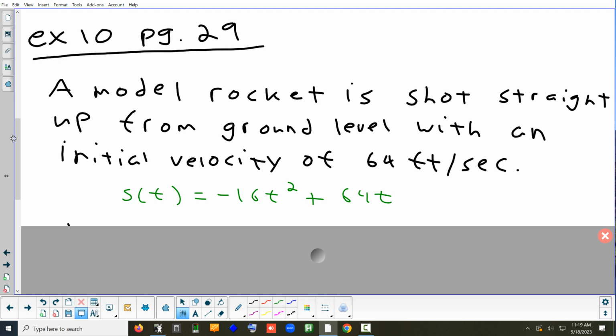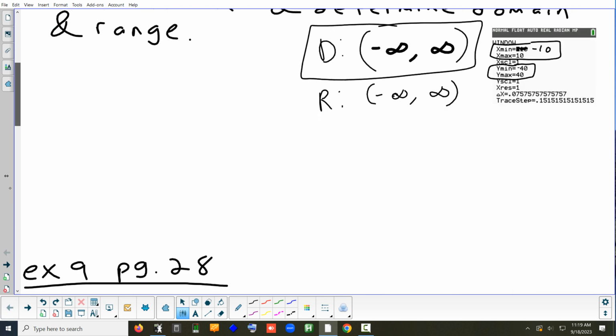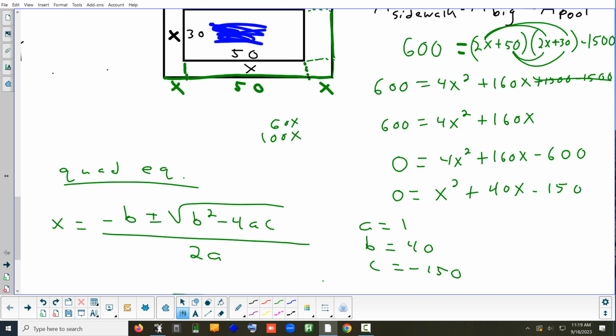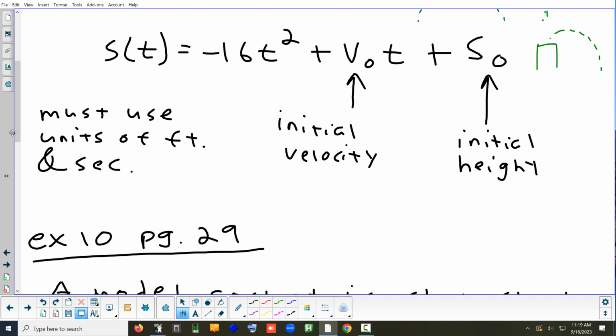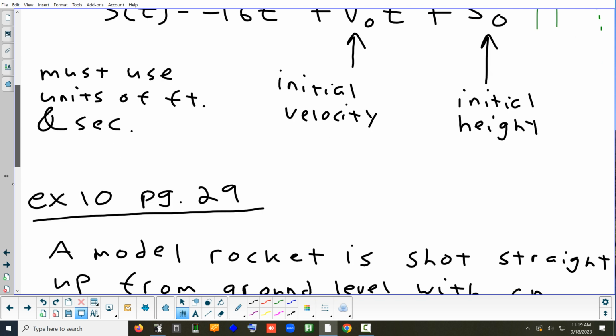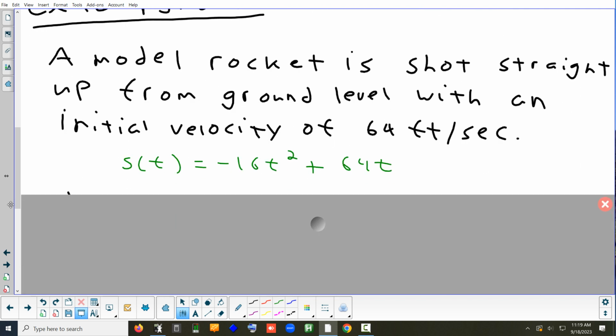Got a number with something squared plus a number times that letter not squared. So it's another quadratic equation. Any questions? I'm just setting this part up.